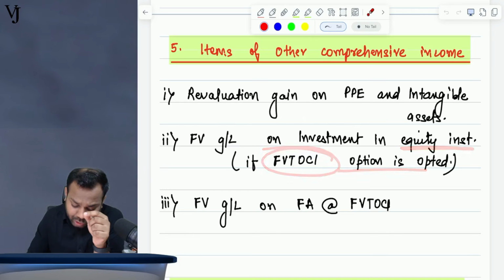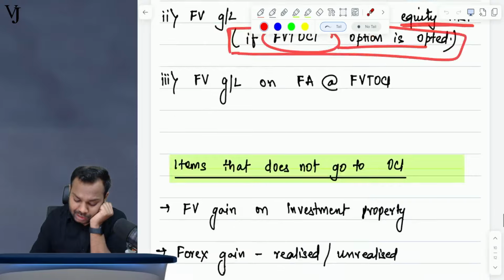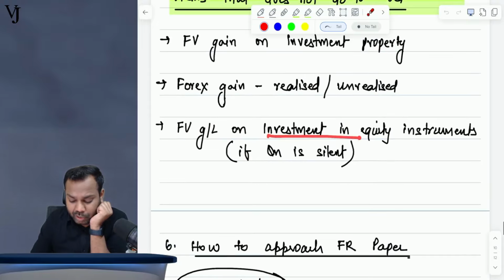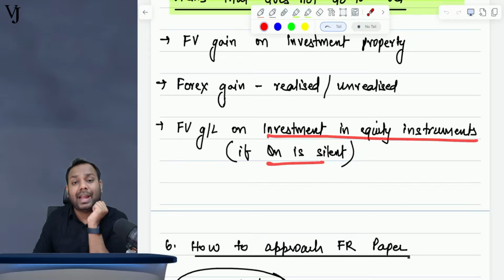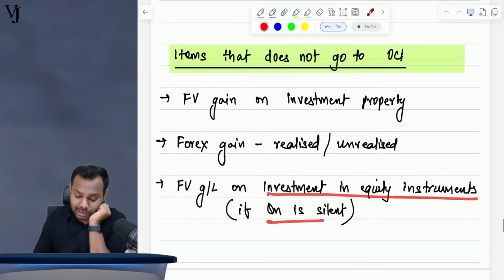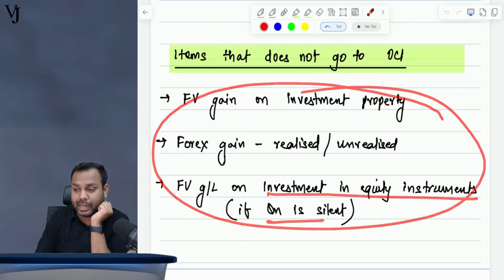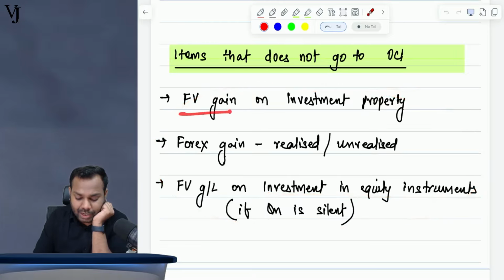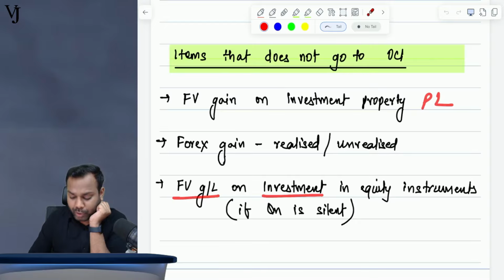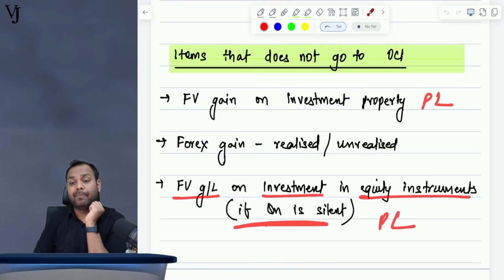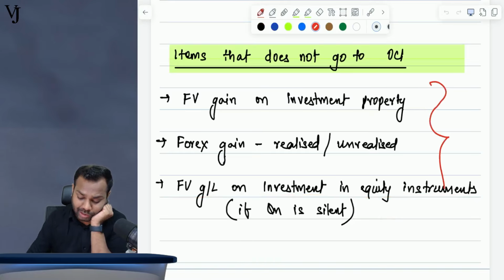If the question is not specifying this, then the fair value gain or loss on investment in equity instruments goes to P&L. These items don't go to OCI. Fair value gain on investment property goes to P&L. Fair value gain on investment in equity instruments, if the question is silent, goes to P&L. So all these items go to P&L.